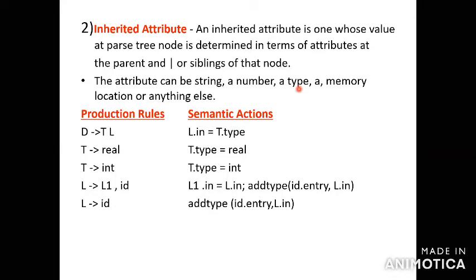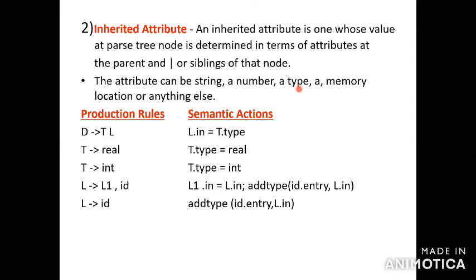But in an inherited attribute, it is not the children of the nodes. It is either the parent or sibling of the node. In synthesized attributes, it is purely based on the children of the nodes.